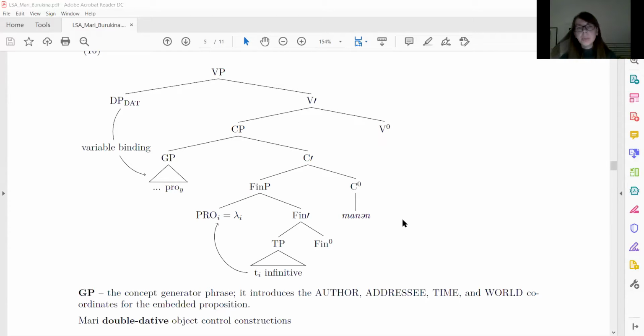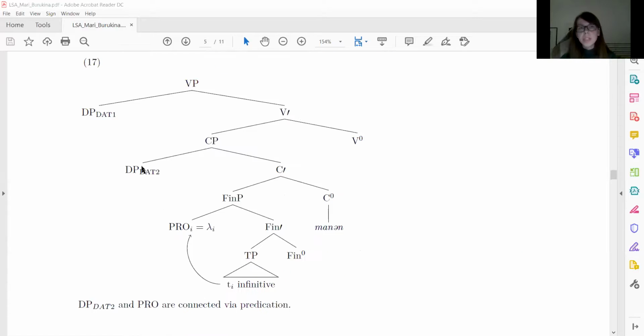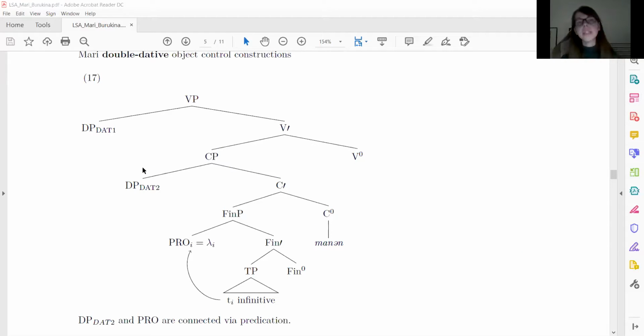What I would like to propose now is to use basically the very same structure to describe the properties of double dative sentences, and to substitute this GP, right, with the second dative DP. So essentially what we do in double dative constructions, instead of realizing syntactically this discourse variable, the complementizer mannen can exceptionally introduce the second dative DP, the second goal of communication, if you want.